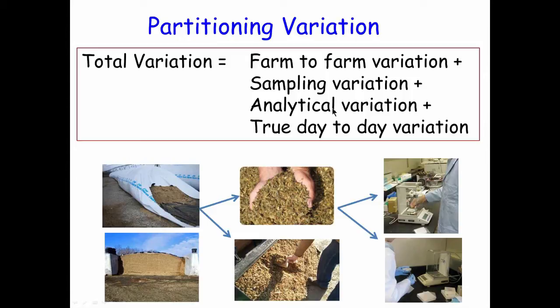Because we had 2 assays per sample, we can determine analytical variation. And then whatever is left is what we call true day-to-day variation. This means the silage really changed. So again, multiple farms, from each farm, 2 samples, from each sample, 2 assays.